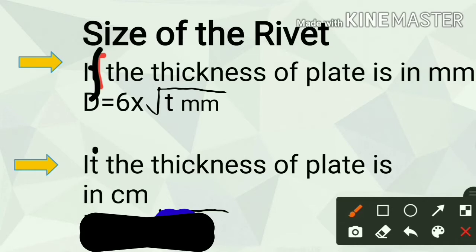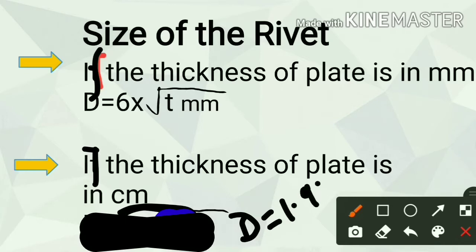If the thickness of the plate is in centimeter, then in this slide it is wrong. You can notice here D is equal to 1.91 times the square root of T, with T in centimeter.